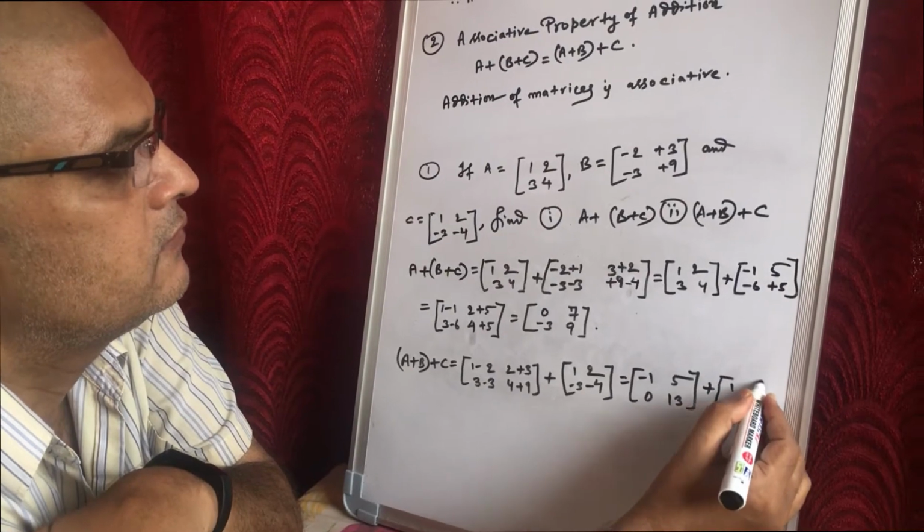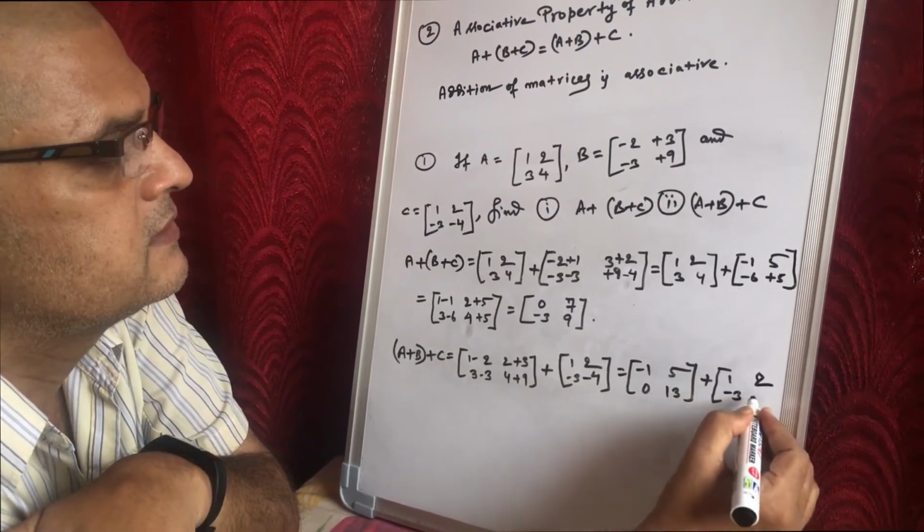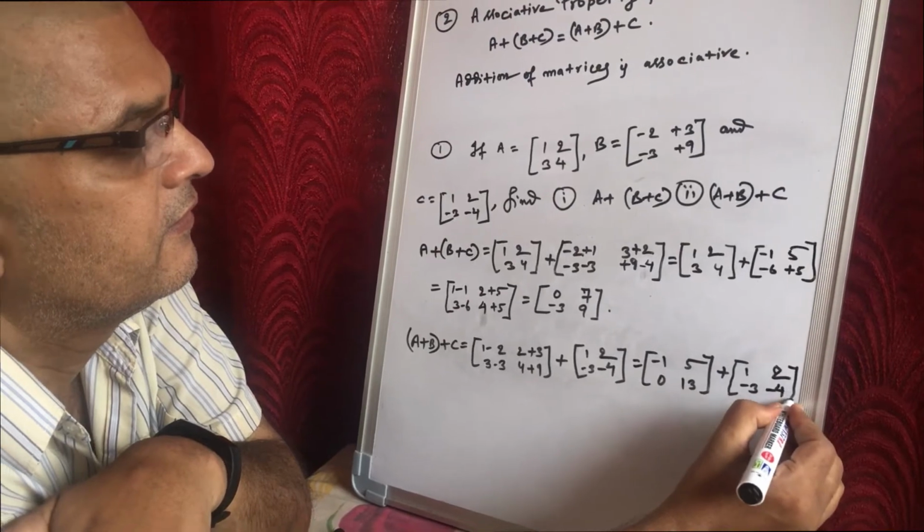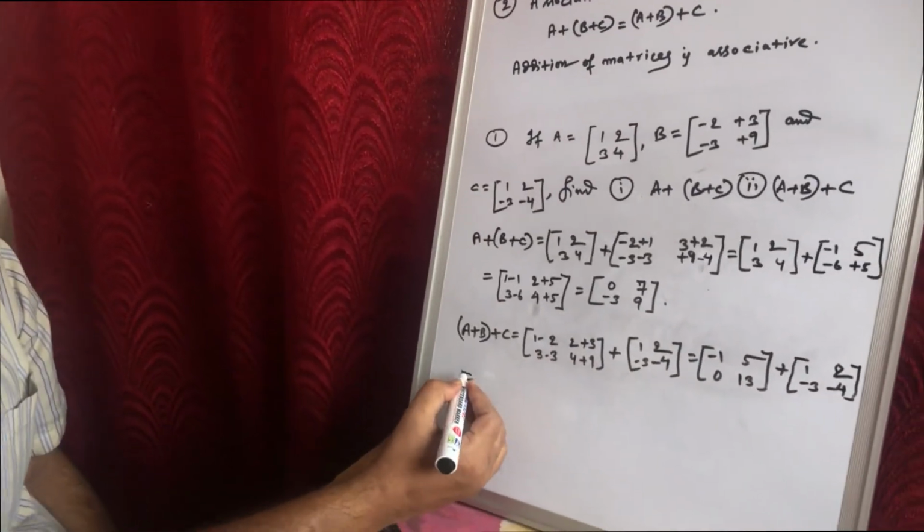Then this one: 1, 2 minus 3 minus 4 is equal to what?